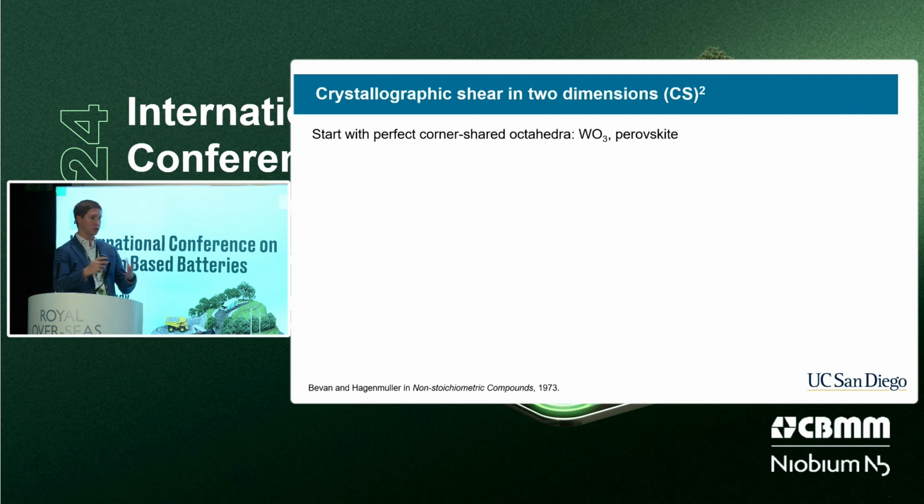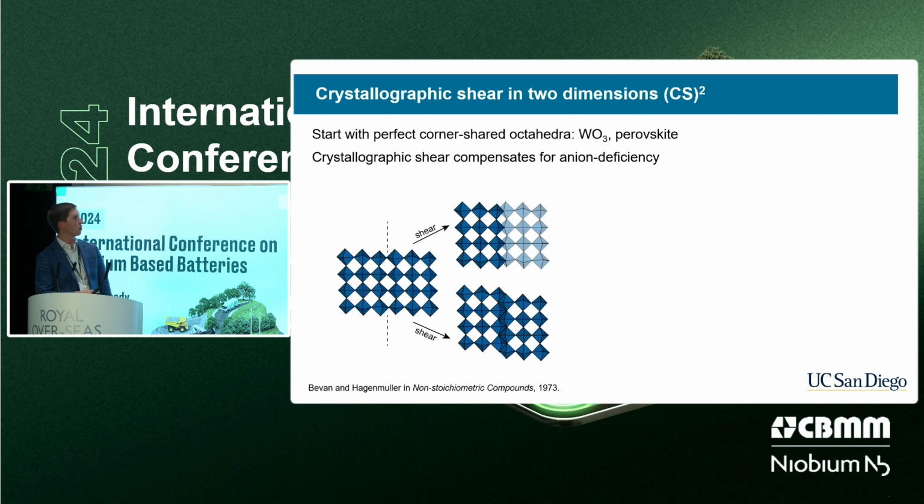So you can imagine just a perfect infinite arrangement of these octahedra that are all connected at the corners, and that would be the empty perovskite structure or the WO3 or ReO3 structure. So that's right here. You've just got these octahedra perfectly connected at the corners. And again, for the context of a battery and also for the non-solid state chemists in the room, you can see all these tunnels, and lithium can diffuse through these tunnels, so we have a lot of parallel pathways.